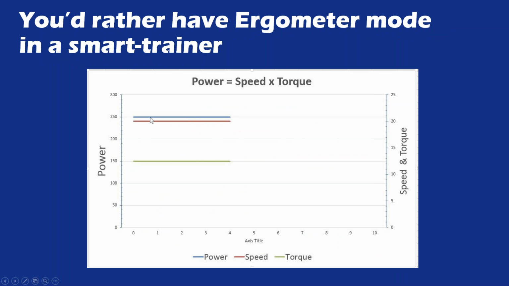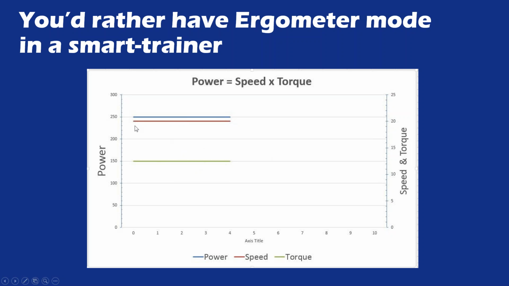I've got 250 watts, and let's just say my speed is 20 kilometers per hour. That means my torque is going to be 12 and a half somethings. There is a constant of proportionality in there that we're not going to get into. Just say 12 and a half times 20 is 250.